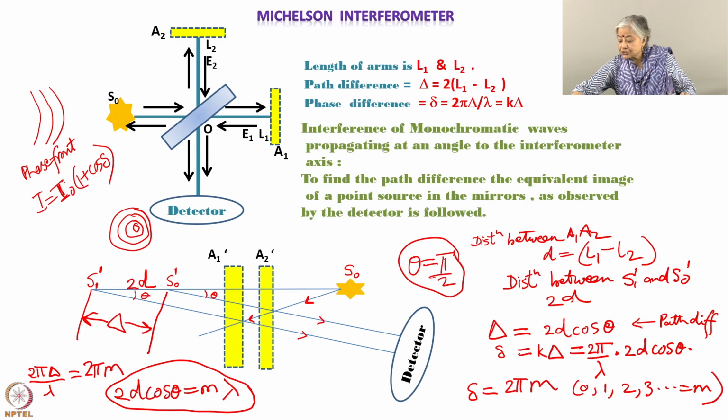Actually in a Michelson's interferometer, what I had told you before was that you can move this path difference up and down, and if L2 is very far away from L1, that means your d distance becomes very large, then you are not going to get any interference pattern.